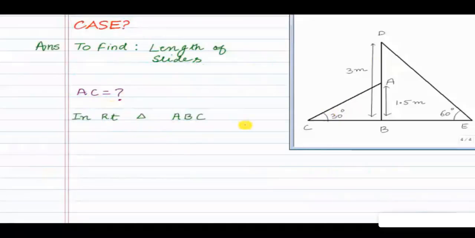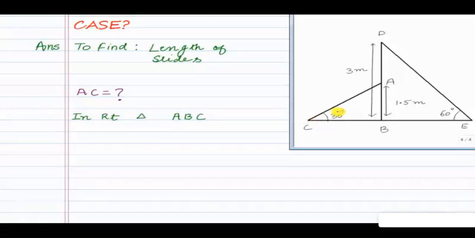Now in right triangle ABC, that means in this triangle, we know this angle which is equal to 30 degree. We know the length of AB which is equal to 1.5 meters, and we have to find AC. So for our angle of 30 degree, AB is the opposite side and AC is the hypotenuse.